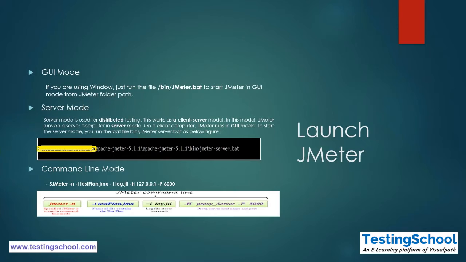Then -t, then testplan.jmx, that is the name of the file that contains the test plan or your script file. Next is -l log.jtl, that is where you want to store the log file, that is the test result. And after that you need to mention the proxy server and proxy port number.